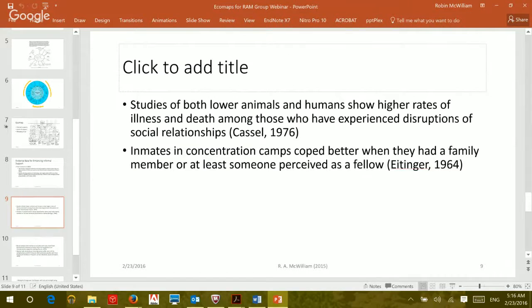Studies of both lower animals and humans show higher rates of illness and death among those who have experienced disruptions of social relationships. Inmates in concentration camps coped better when they had a family member or at least someone perceived as a fellow than when they did not have those people. So all of this is about the importance of social support in families' lives.